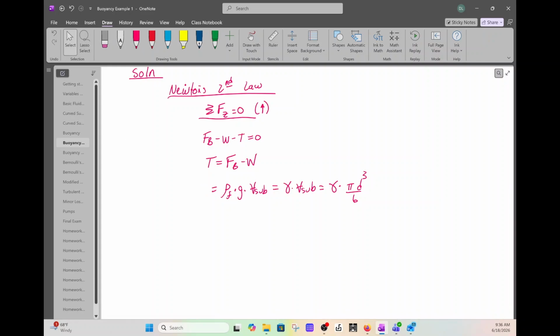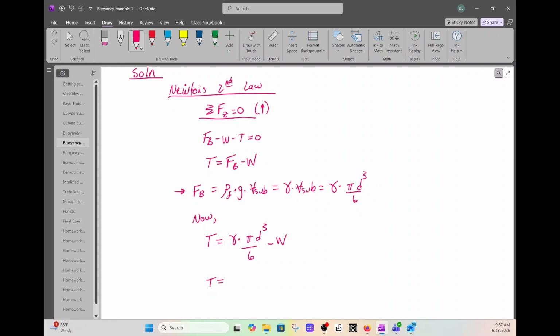Let me just call this the buoyancy force. And then the weight, I believe we have. Okay. So now the tension becomes gamma pi d cubed over 6 minus the weight.